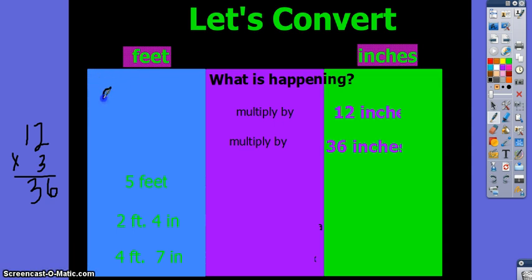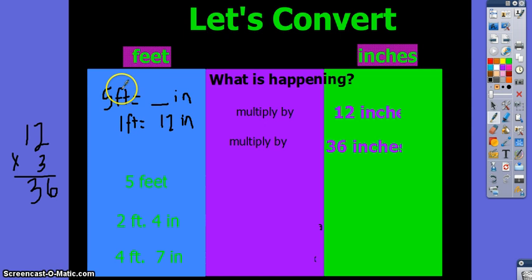I have 5 feet and I want to know how many inches that is. Well, I know that in 1 foot that equals 12 inches.